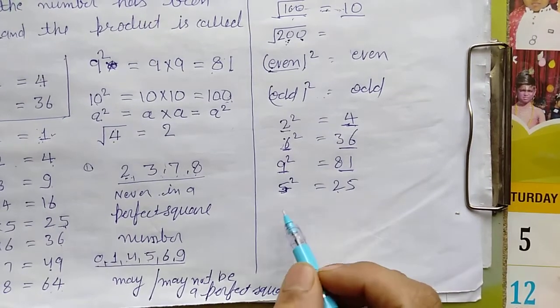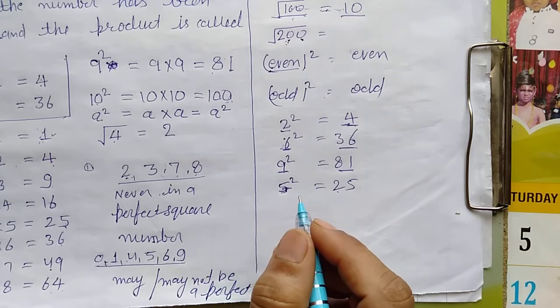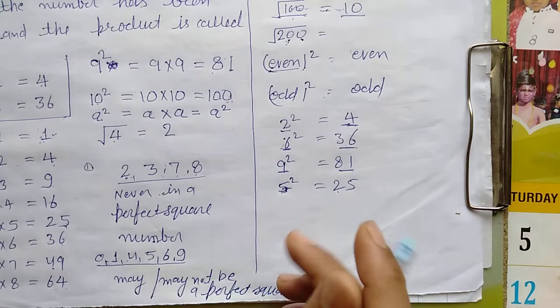One more property is there. The square of any odd number can be expressed as the sum of two consecutive positive numbers. Right? Let's take a new page. See here.